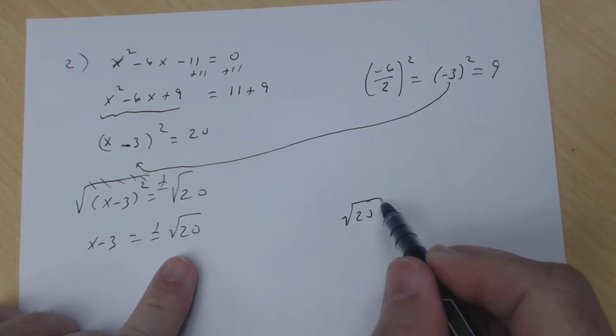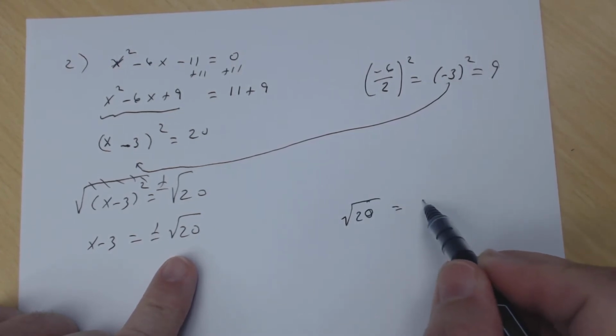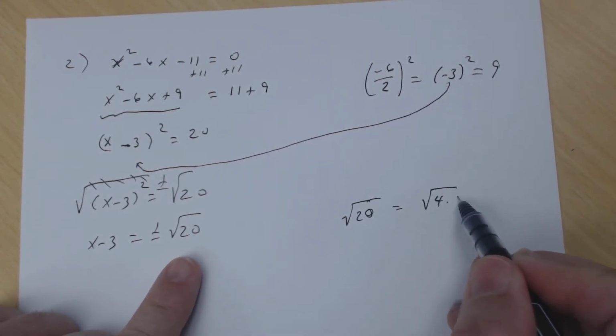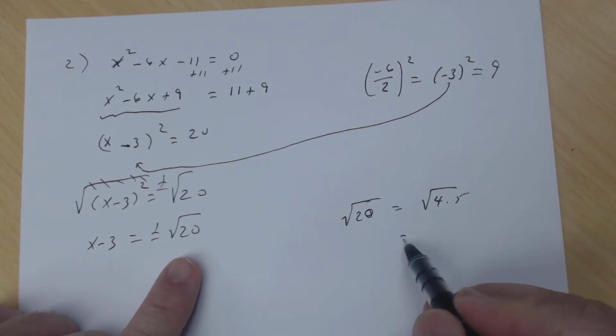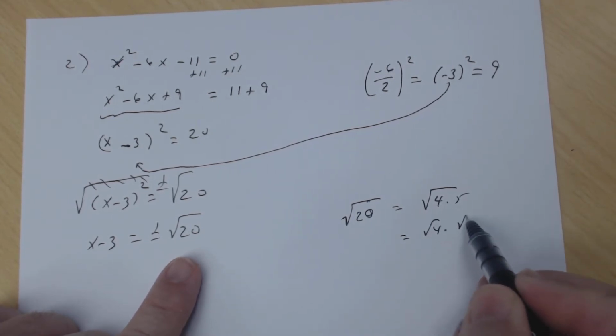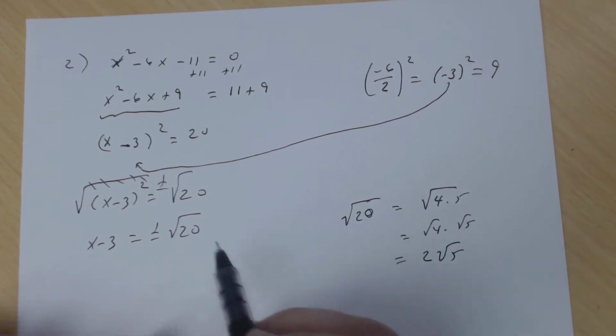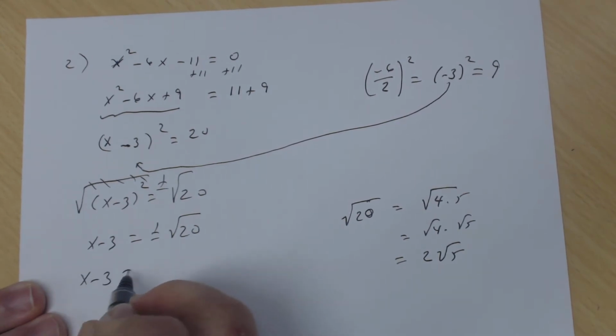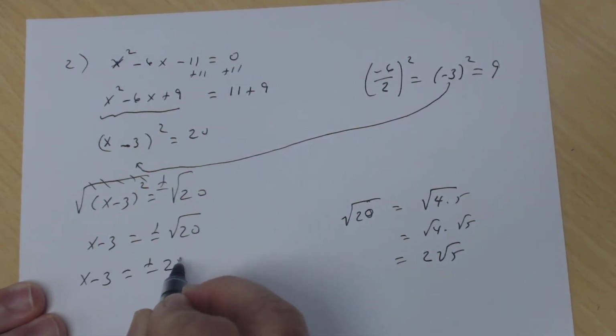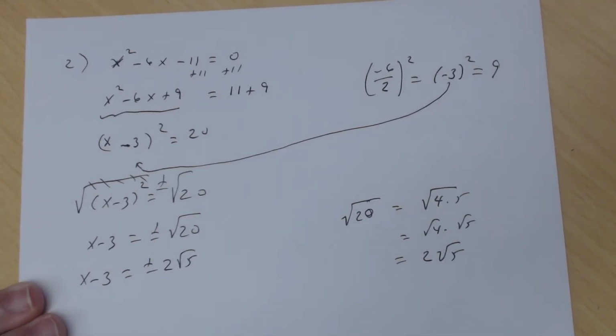Remember, the square root of 20 is the square root of 4 times the square root of 5. The square root of 4 is 2, so I get 2 square root of 5. So that goes here. So I get x minus 3 equals plus or minus 2 square root of 5.